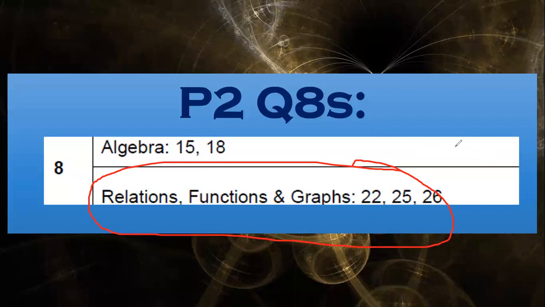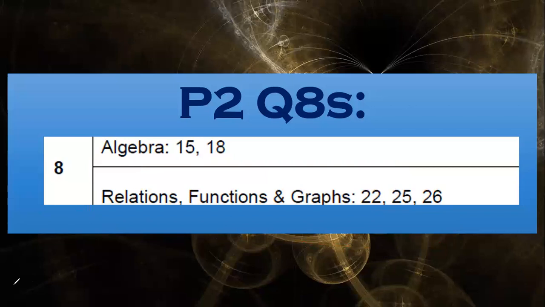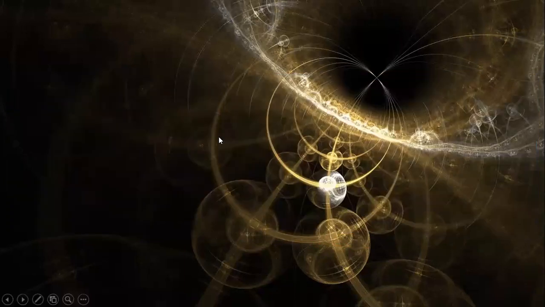This is a snippet of the syllabus, relations, functions, and graphs, points 22, 25, and 27, of the module in the mathematics syllabus. Means you're going to find questions like these usually in question 8. Awesome. Let's continue.